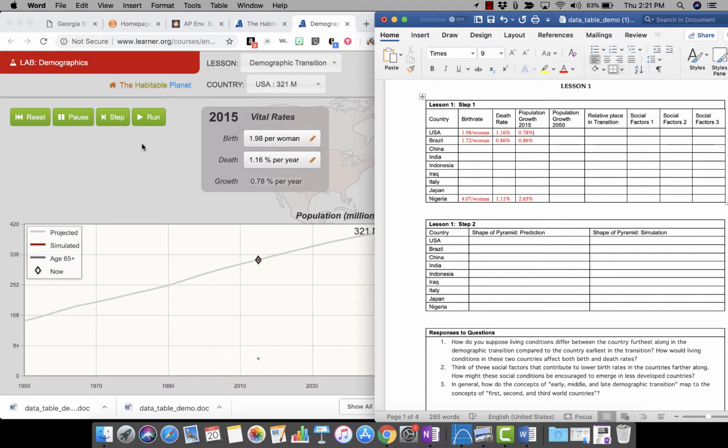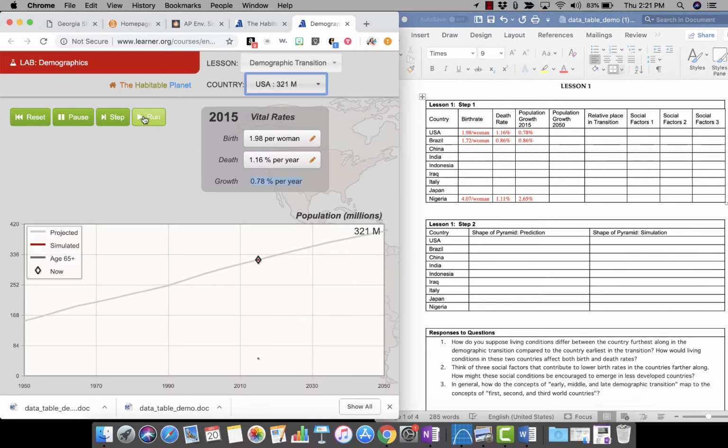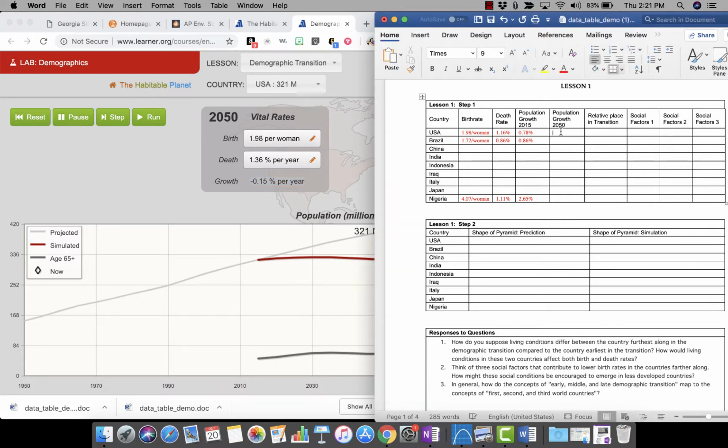Okay, so now I'm going to run this for a little bit until we get to 2050. Okay, and I'm going to pause it at 2050. And so the population growth of the United States in 2050 is negative 0.15%.